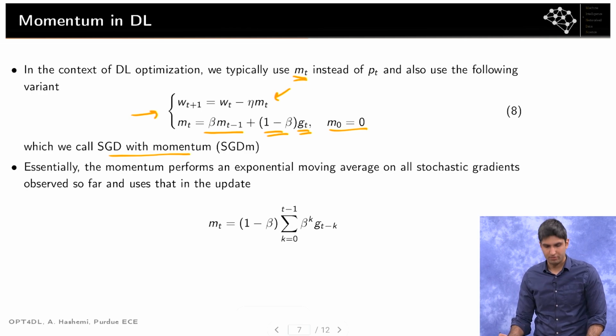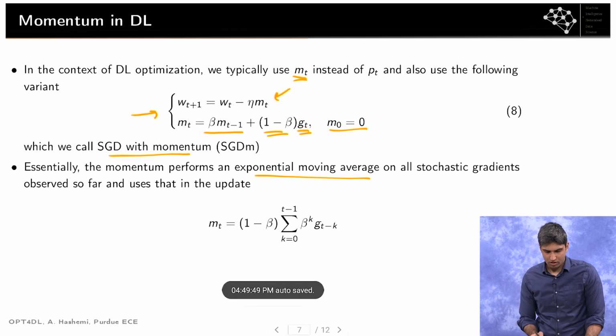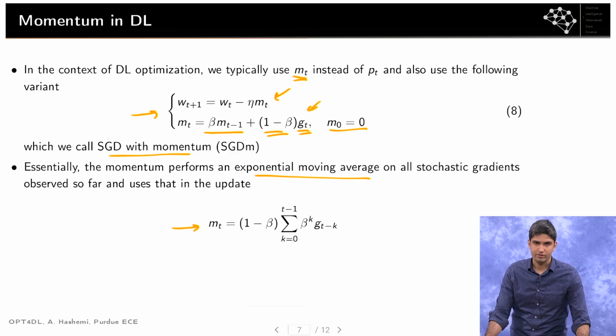That's the major difference. You can also interpret the momentum as performing an exponential moving average of all the stochastic gradients we have observed so far. To see this, all you need to do is expand this recursive equation through time, and you're going to arrive at this equation.